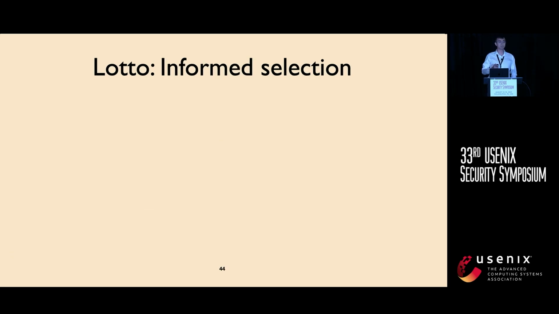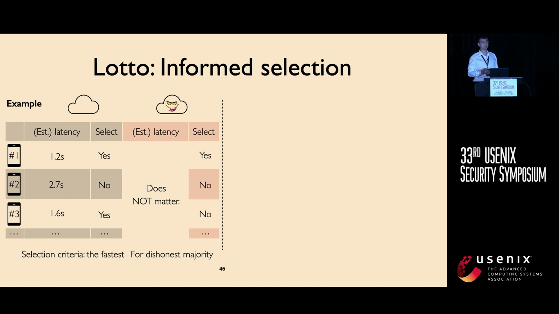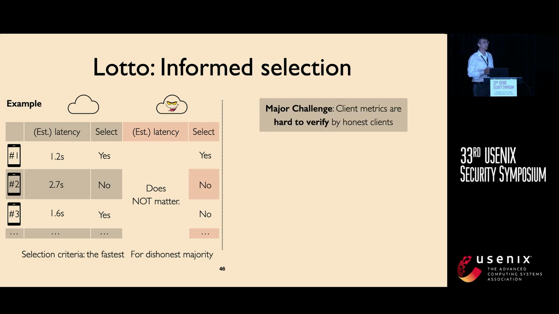Next, I'm going to briefly talk about how we deal with the informed selection. Again, informed selection is where we refer to some user metrics for selection, and a malicious server can deviate from these desired behaviors. Here, the major challenge is, while we can have verifiable random functions in cybersecurity, we do not have verifiable client metrics for securing the informed selection process.